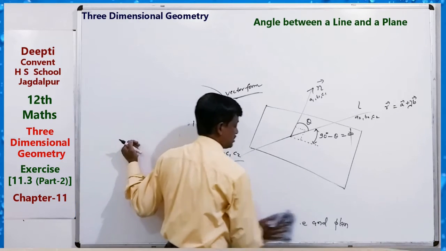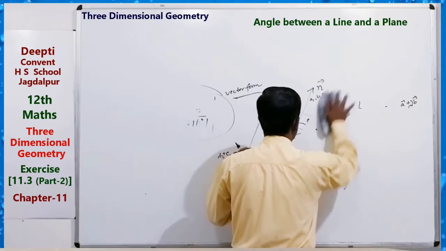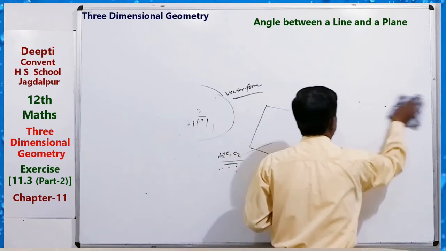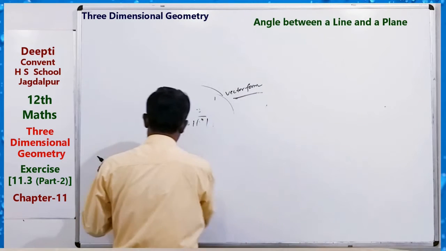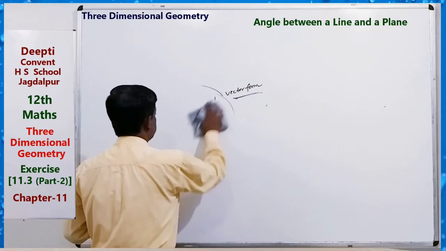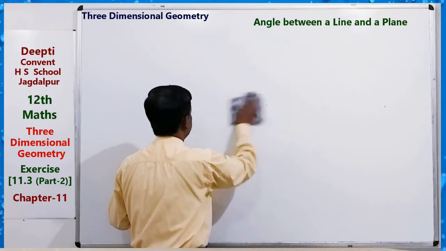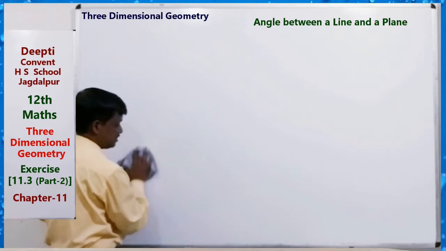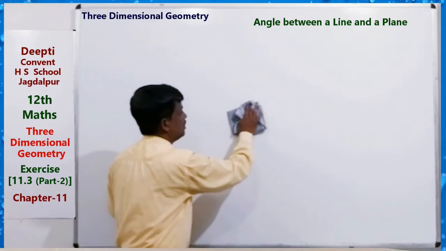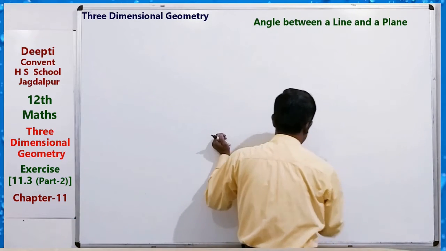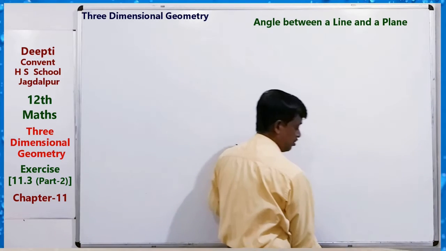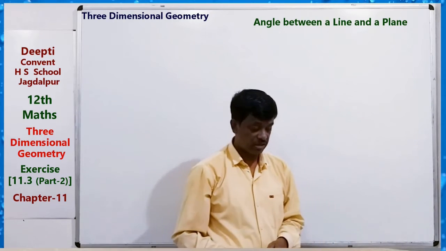The miscellaneous exercise can also be solved using these formulas. The main and basic concepts are the equation of plane and line, angle between two lines, between planes, distance of a point from a plane, line, etc. These are very important concepts. You have to remember all these concepts and formulas.